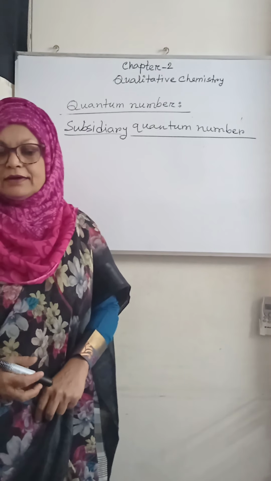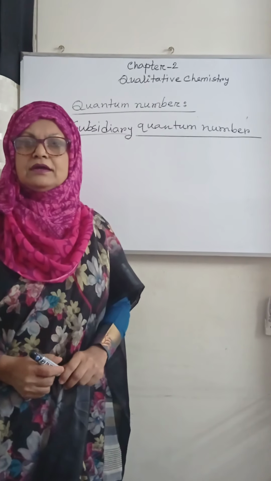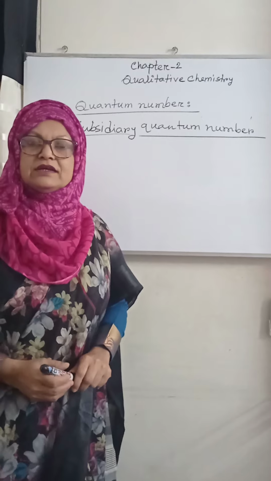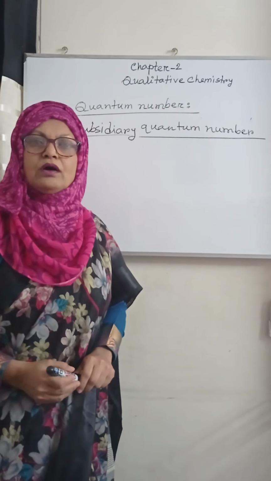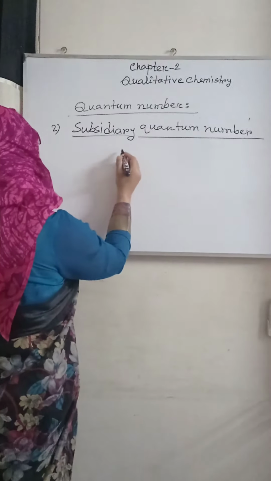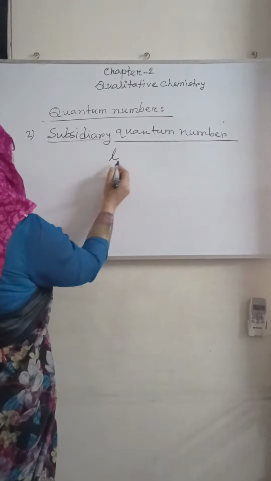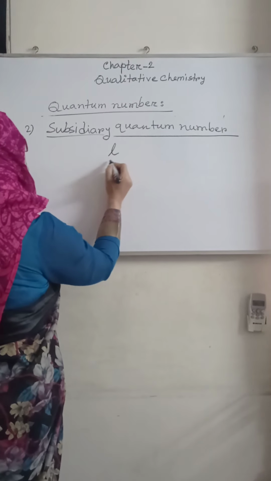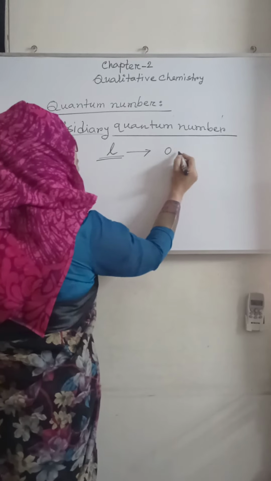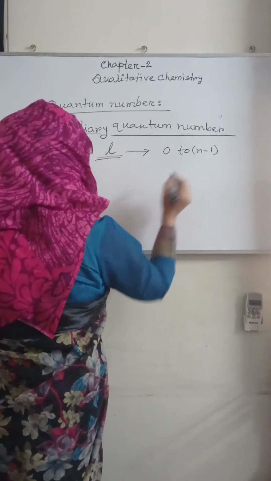The quantum number which expresses the shape of the electron orbit is called the subsidiary quantum number, and it is denoted by l, and the value of l is 0 to n minus 1.